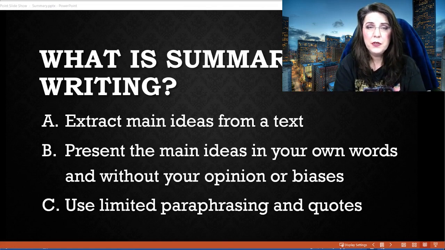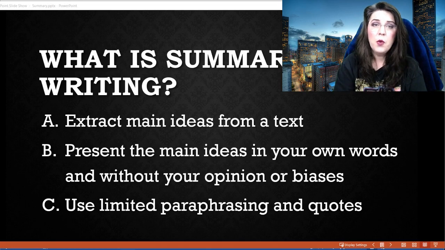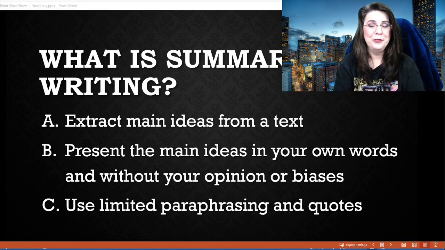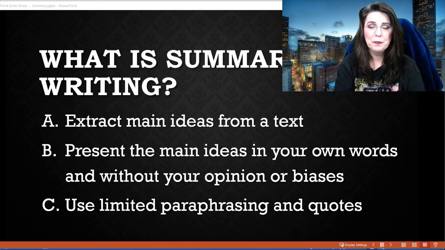You present those main ideas from the text in your own words, and you want to limit your paraphrasing and your quotes. Please remember that MLA requires you to not break the 80-20 rule, which means you can have no more than 20% quote usage in any academic writing that you do.